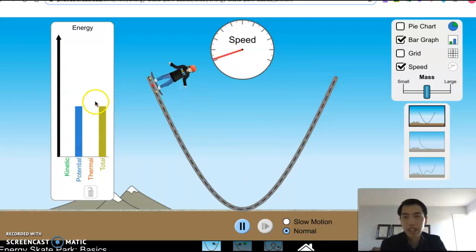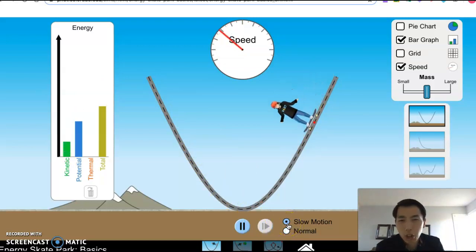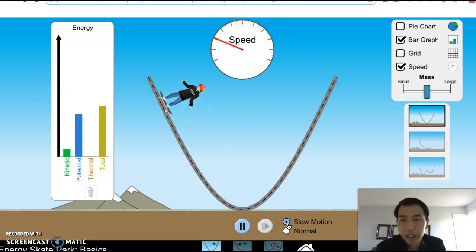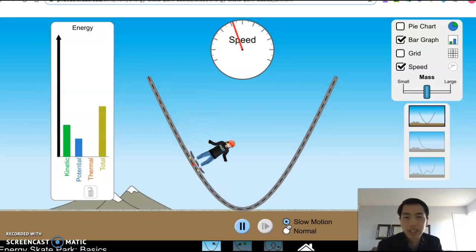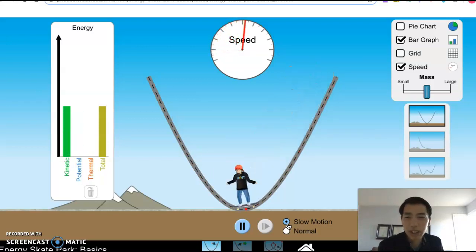However, the normal force, I'll put it in slow motion. The normal force is not doing any work at all on the skateboarder. Remember, work done by a force can be positive, negative, or 0. If the force is perpendicular to the motion, then it actually does 0 work on the object.